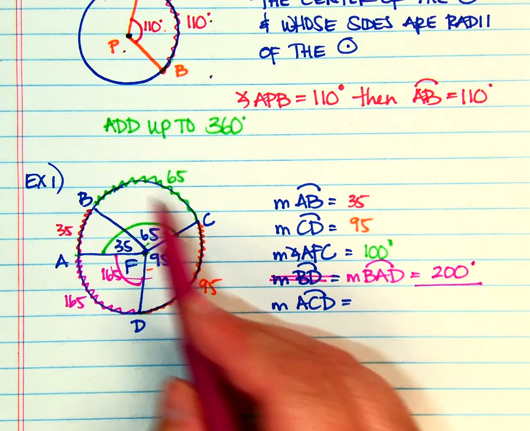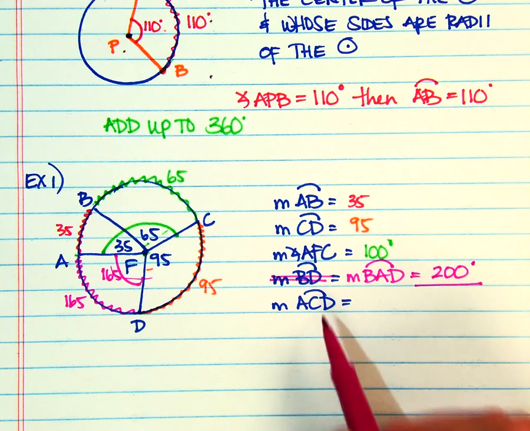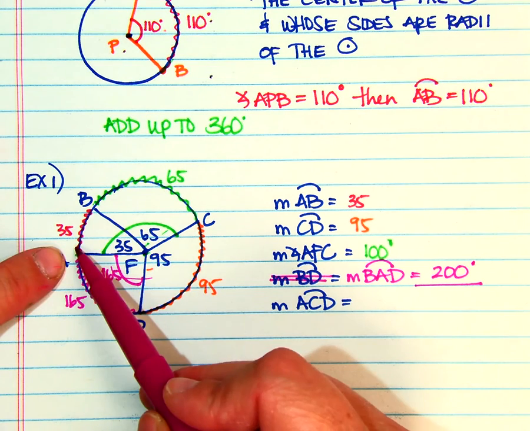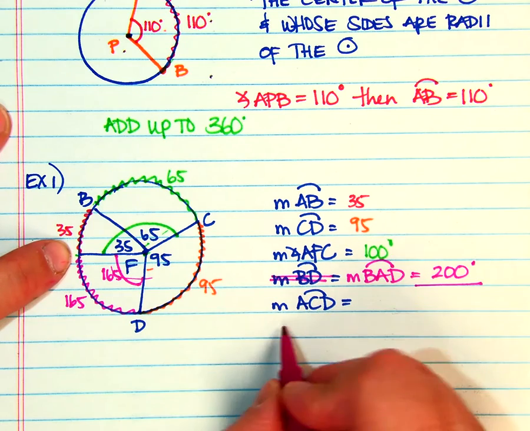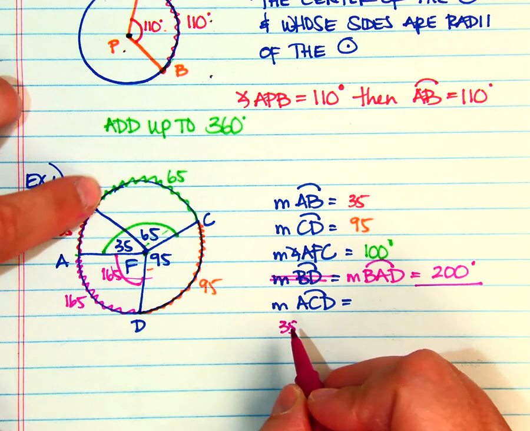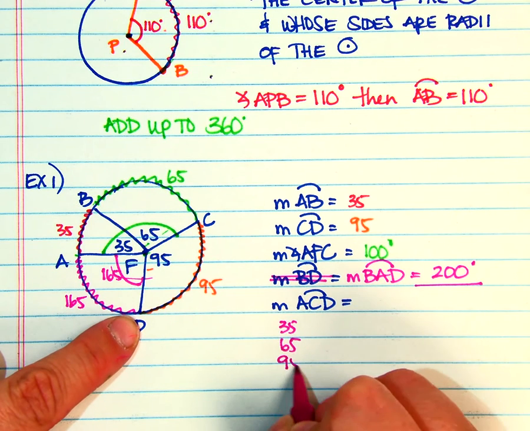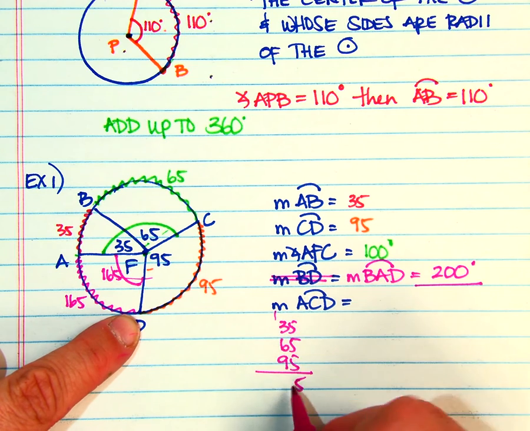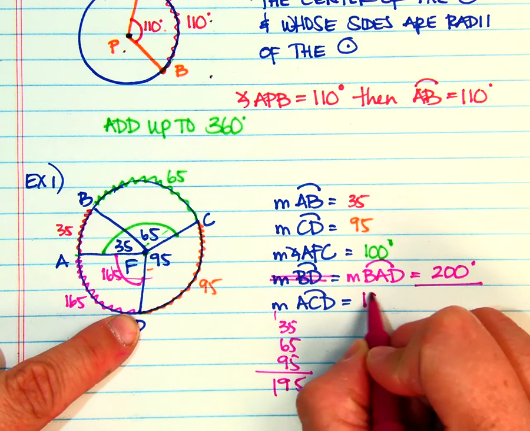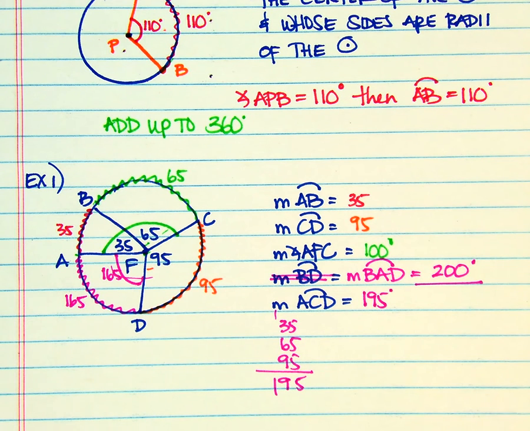And then I guess we could have done this one around, and arc ACD. So that goes from 35, includes the 65, and includes the 95. So I get 195 degrees. Okay, so that's the kind of process that you're going to be looking into.